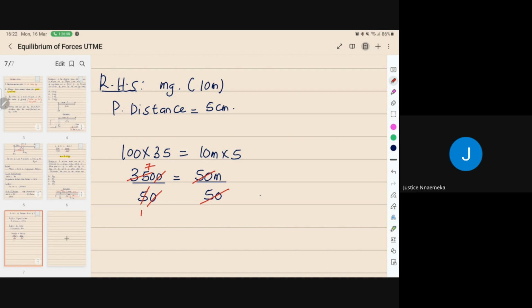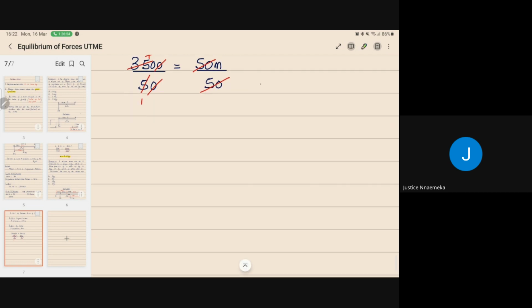So we're going to end up with 70 gram, right? Which is option A or thereabouts. So the mass of the meter rule is equal to 70 gram. All right, guys.